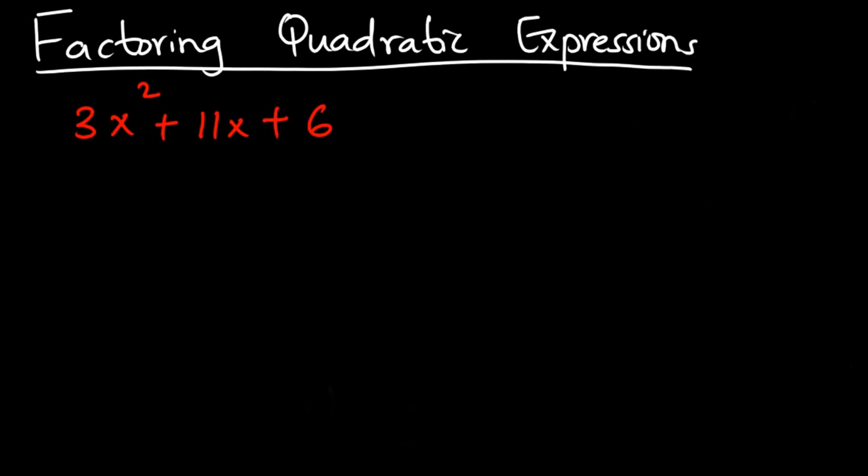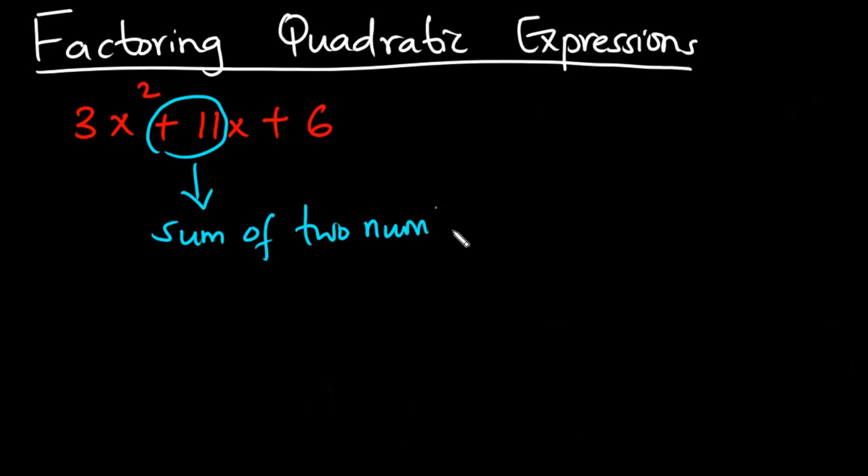In the last video, we said that the coefficient of x represents the sum of two numbers. And for those examples, where the coefficient is 1, 6 was representing the product of two numbers.